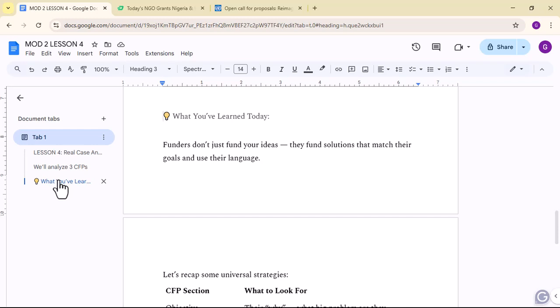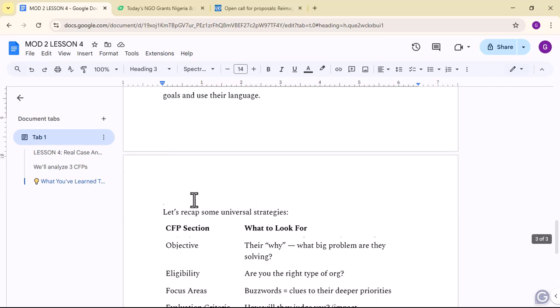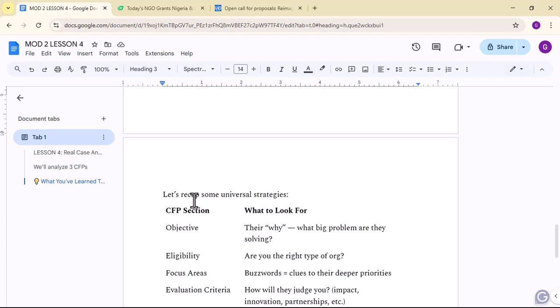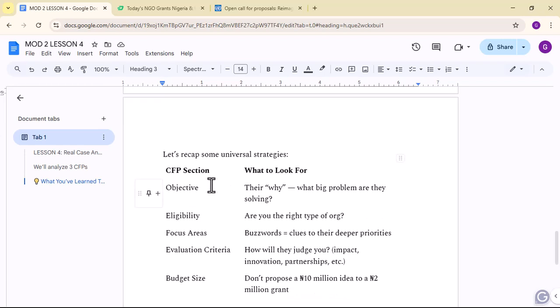Recapping this lesson on the CFP session and what to look for: in the objective, look for their why and what big problem they are solving.